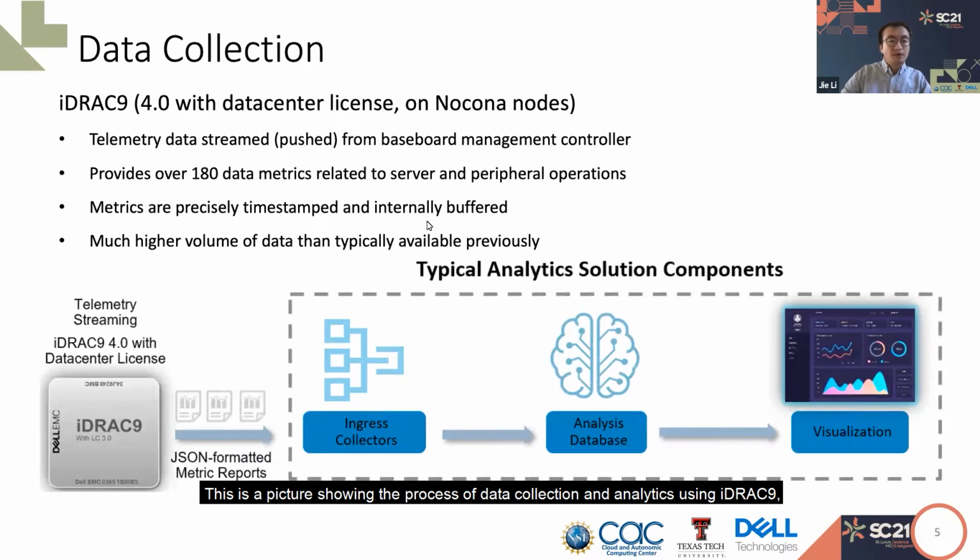This is a picture showing the process of data collection and analytics using iDRAC9, which is basically the same process as our project. We will develop ingest collectors, set up a database, and realize telemetry metrics.